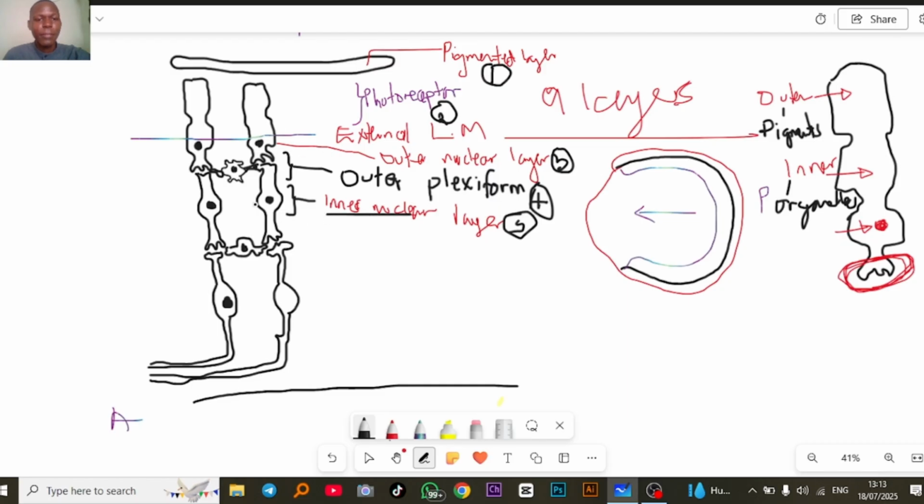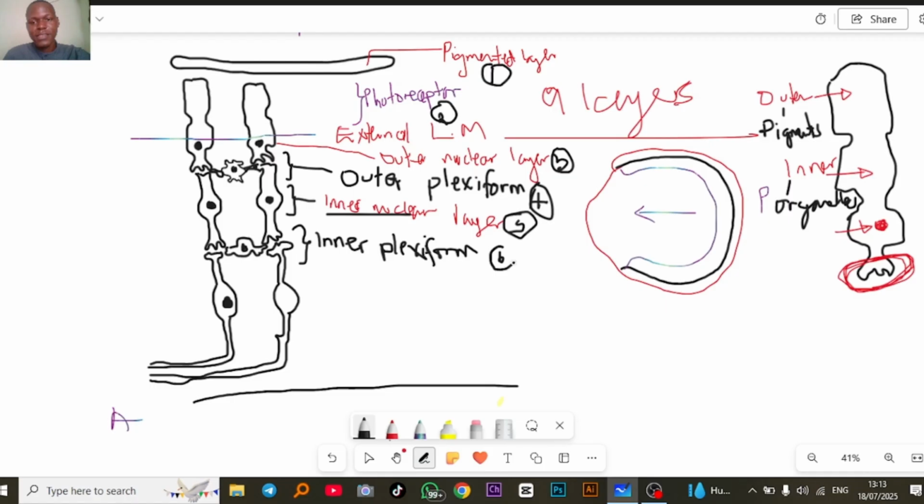Layer 6 is this layer where we have the synapses between the bipolar cells and the next layer of cells, which are the ganglion cells. The other one was the outer, so this will be the inner plexiform layer. That's layer 6.